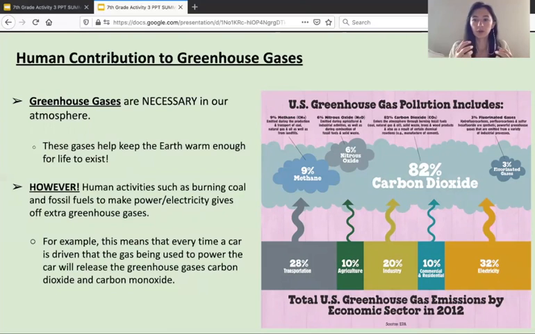So if you think about one car producing carbon dioxide, all of the millions of cars and tractor trailers and factories and electrical products, so turning on a light switch in your home, factories, all of these places are producing greenhouse gases.